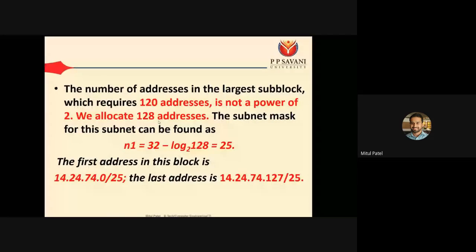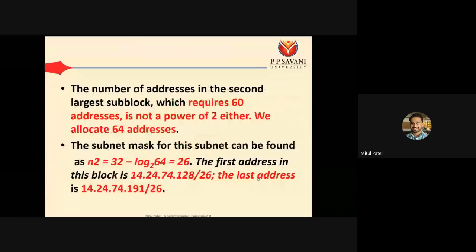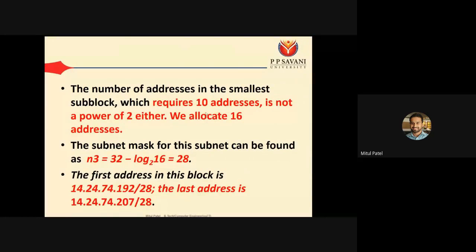This is the first address, last address. Second, for the 60 block, we allocated 64 addresses. The subnet mask is 26. This one is the first address, this one is the last address. For the third subblock, we allocated 16 addresses. Subnet mask is 28.